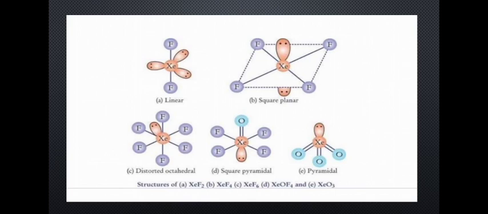So bracket close, the value comes out to be 4. 4 means hybridization is fixed, that is sp3, and sp3 has a tetrahedral arrangement, but we can see here we have only 3 oxygen. So 3 oxygen will be present at 3 positions, and the 4th position will be occupied by a lone pair.